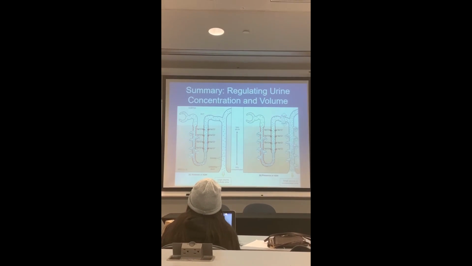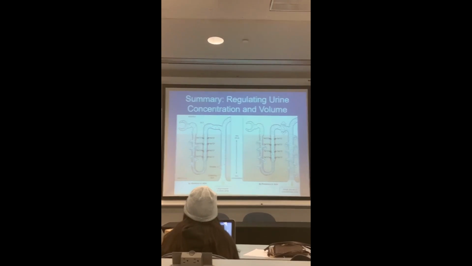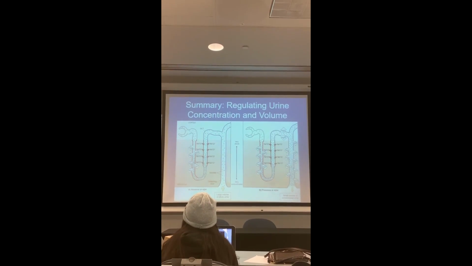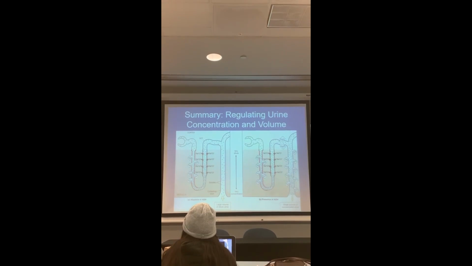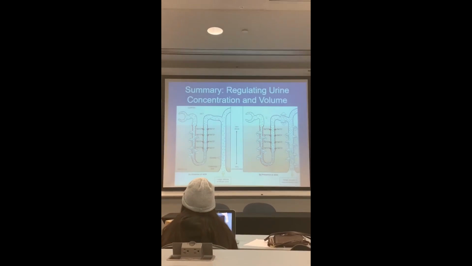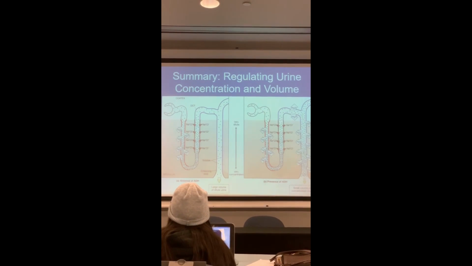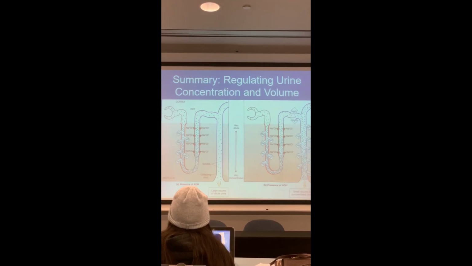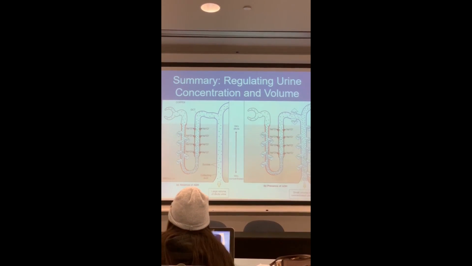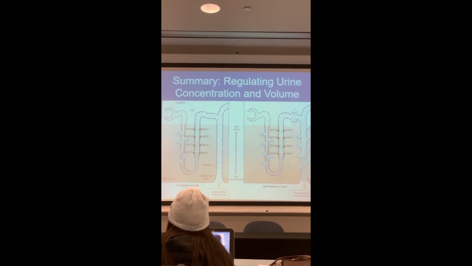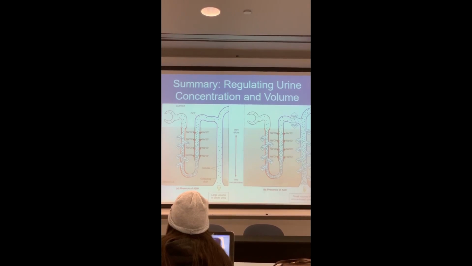This is just showing you the main difference. Okay. Now, what I want to point out in this slide, though, and this makes it really apparent because it's not cluttered with other stuff. If you look here, you've got 2 different processes going on on the 2 sides of the loop of Henle.